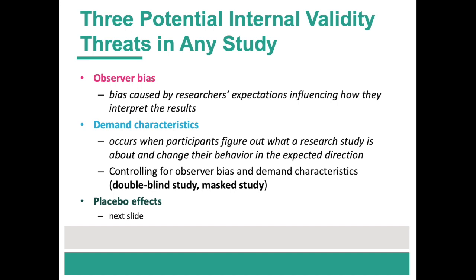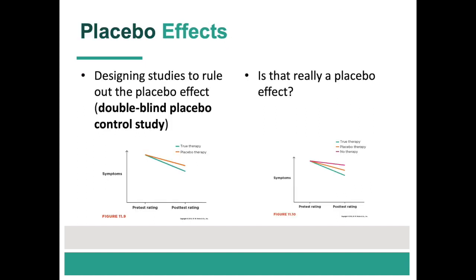The masked study, you can think of it as a single-blind design, and that's where participants know which group they're in, but observers don't. So the researchers' expectations won't influence it, but still possibly the participants could have demand characteristics. They may figure things out and change their behavior.